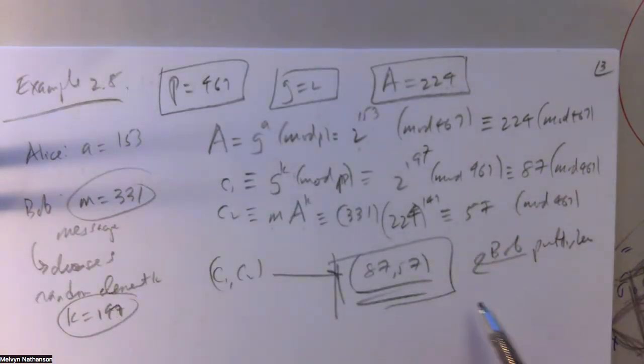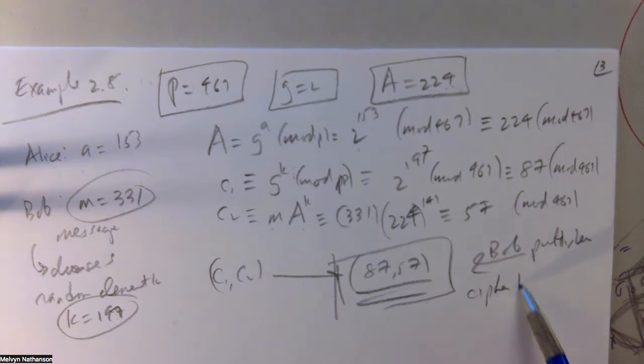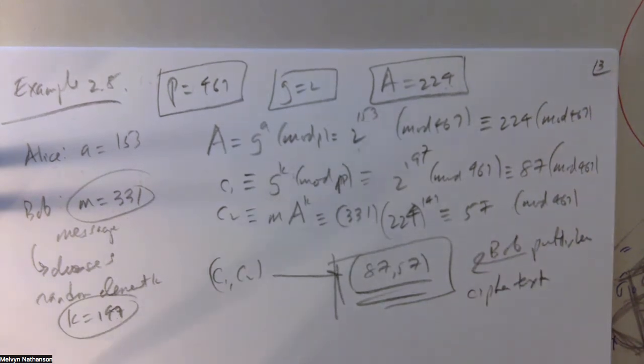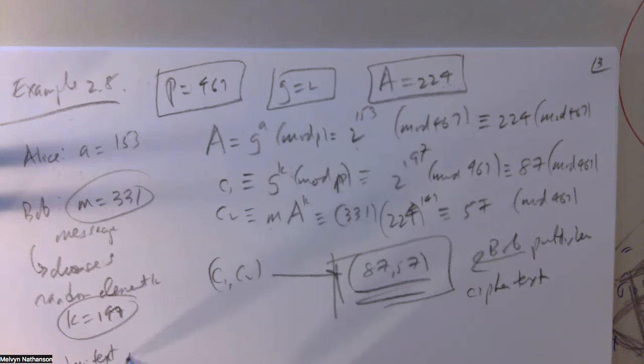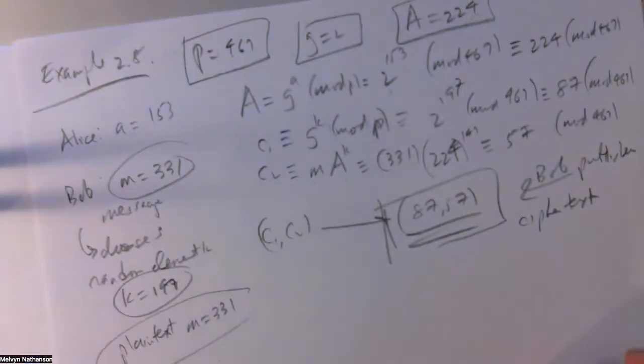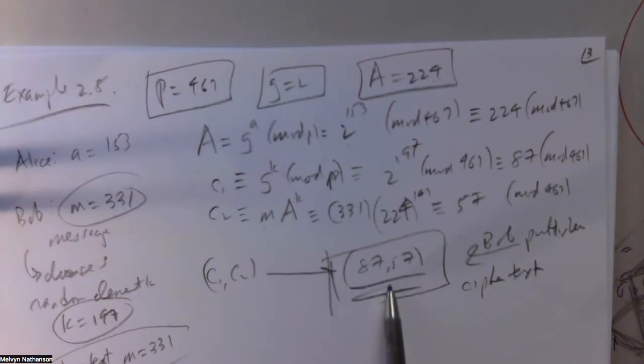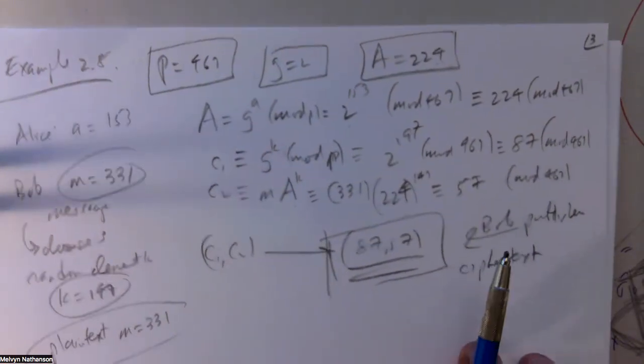So this is the ciphertext. The plain text, which is the message that Bob is really sending, is 331. That's the plain text. The ciphertext is this pair 87, 57.